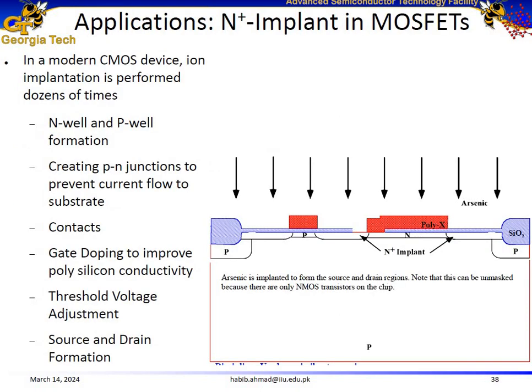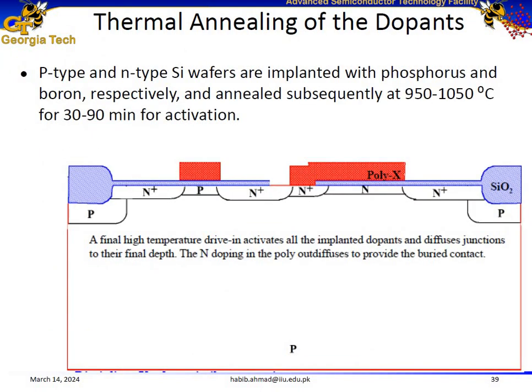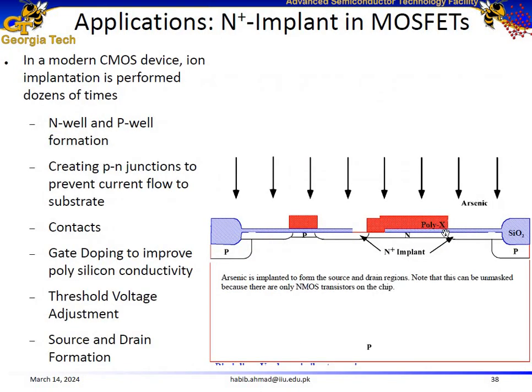I already talked about their applications. One application is MOSFET, really crucial. The latest technologies are defined by the MOSFETs. And thermal annealing actually results in expansion of these drain and source regions. For example, after ion implantation, you see the depth of these drain and source regions inside the MOSFETs.